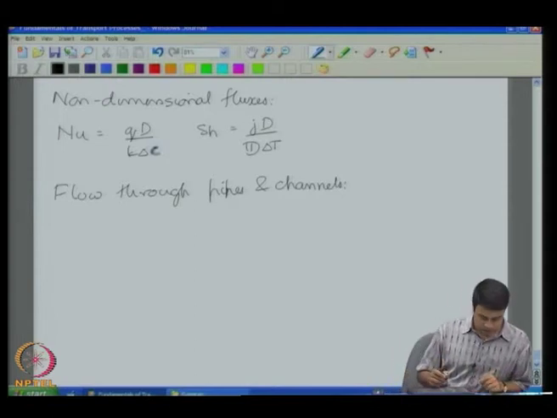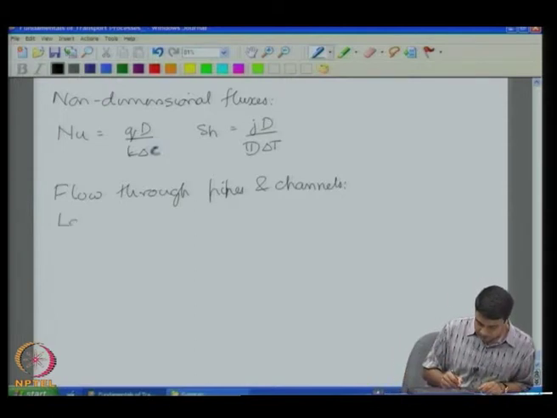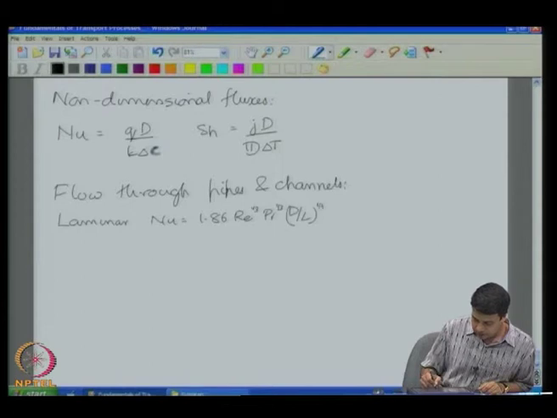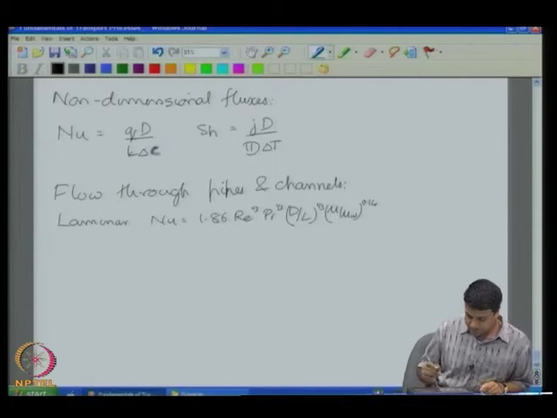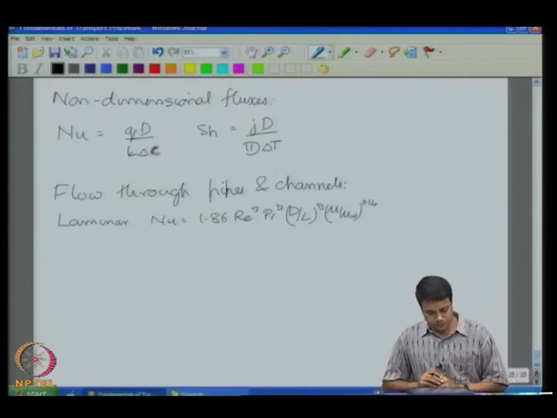The Nusselt number for laminar flow is equal to 1.86 Re to the power 1/3 Pr to the power 1/3 d by L to the power 1/3 mu by mu W to the power 0.14. Two things here.